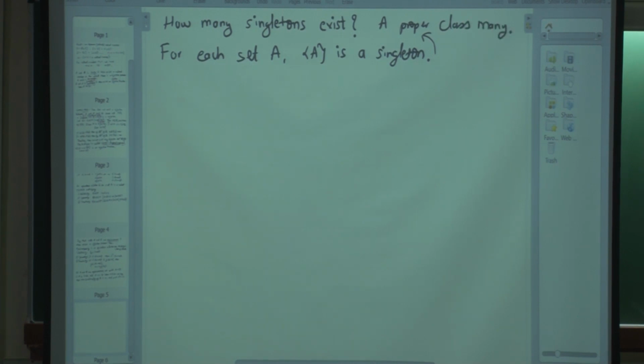So, therefore, if we say that the equinumerosity class of a set is its cardinality, that's actually too big. We don't want to deal with proper classes. So, eventually when we study ordinals and cardinals, we will have to figure out another way of dealing with this problem.